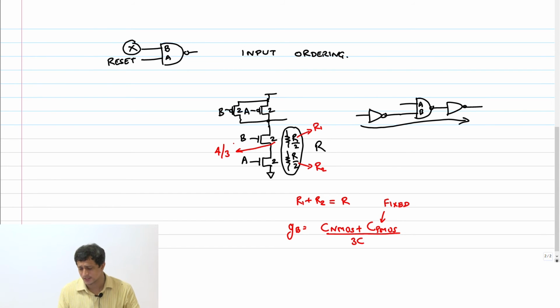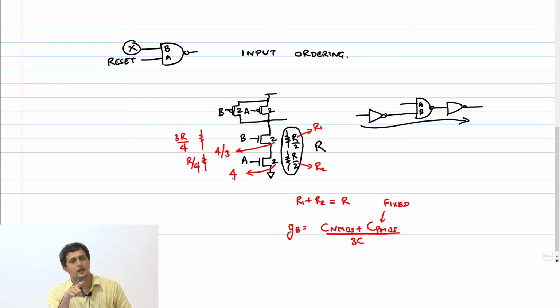So what is the resistance that is being offered by this transistor now? 3R by 4. Therefore, what should the resistance of this bottom transistor be? R by 4, which means this 2 now should become 4.